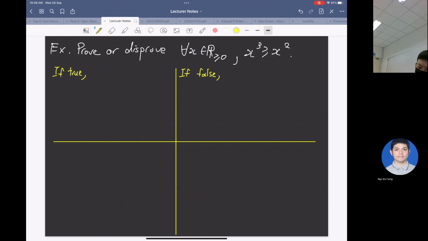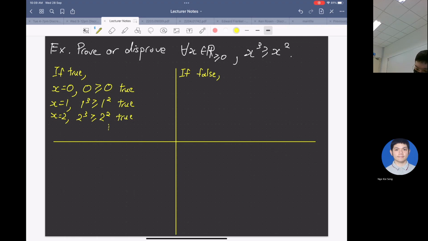Let's try first x equal to 0. What do I get? 0 greater than or equal to 0, which is true. Let's try, how about 1? 1 cubed is greater than or equal to 1 squared, which is also true. x equals 2, 2 cubed greater than or equal to 2 squared, which is also true.